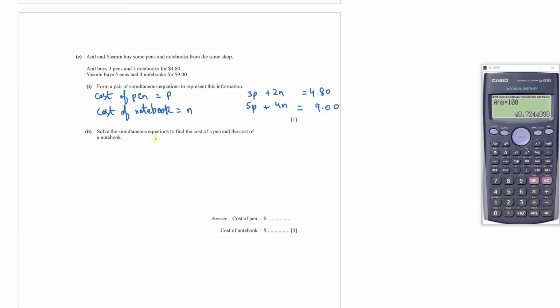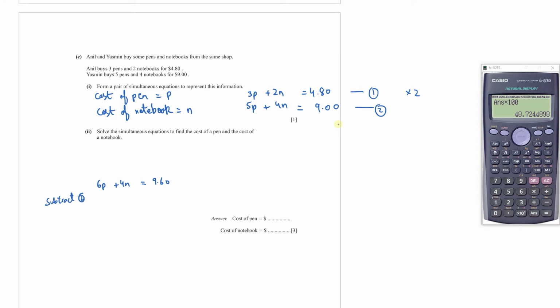Part 2 is solve the simultaneous equations to find the cost of a pen and the cost of a notebook. So you have to basically solve these and find the values of P and N. If I call this equation 1 and this equation 2, let's multiply equation 1 with 2. I get 6P plus 4N equals 9.60. And then I can subtract equation 2 from this equation.